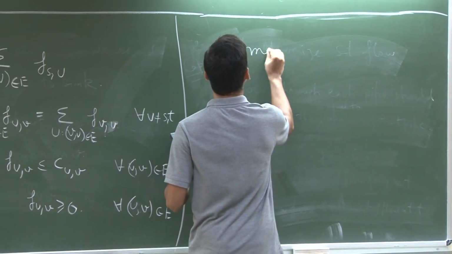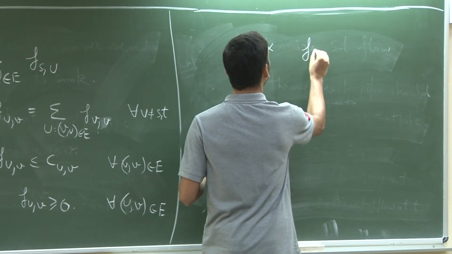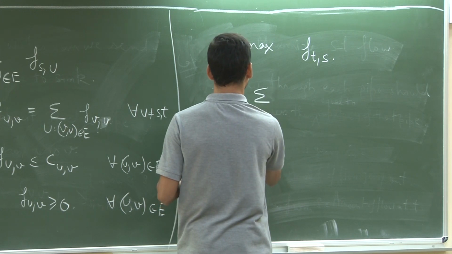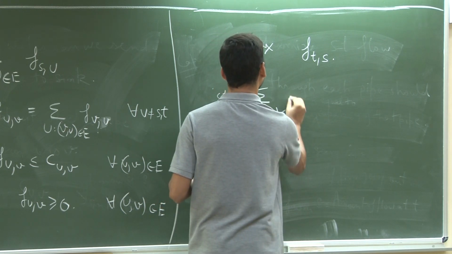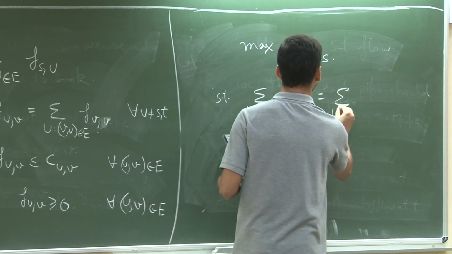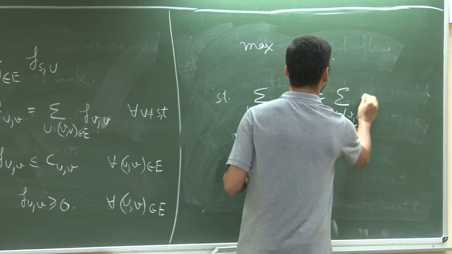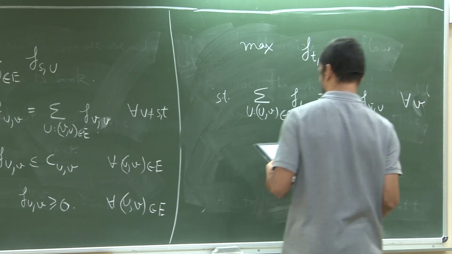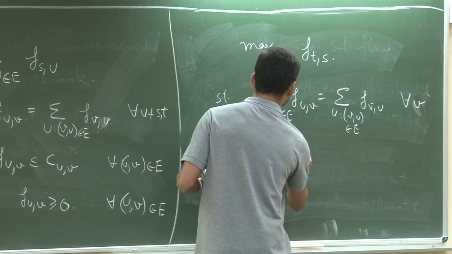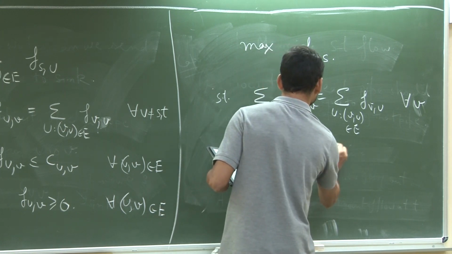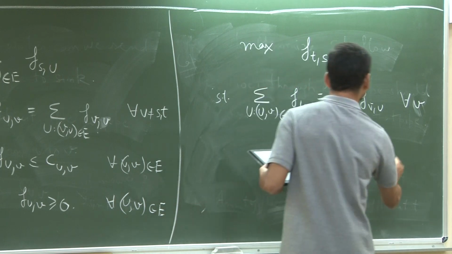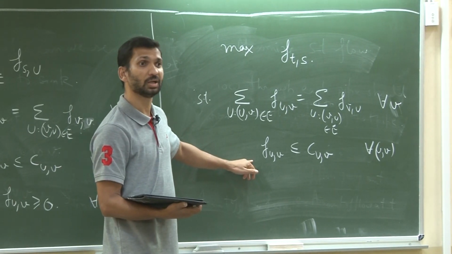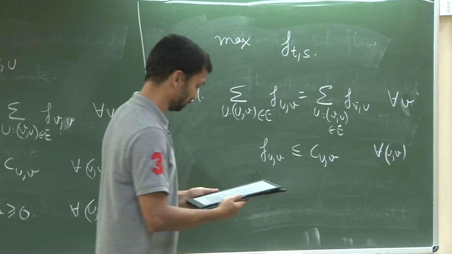So then notice that now I have an extra edge. This contains (T, S) also, okay?